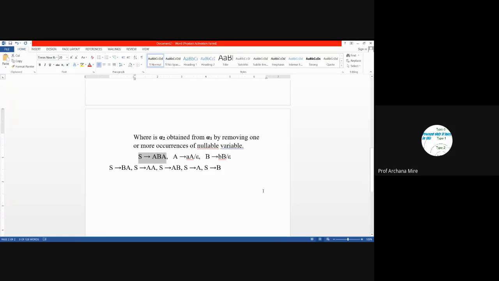Now for the first production rule, we have added all the possible production rules by removing one or more nullable symbols. The same way, we will check for the next production rule, that is A leading to AA or epsilon. So what are the possible production rules for this AA?